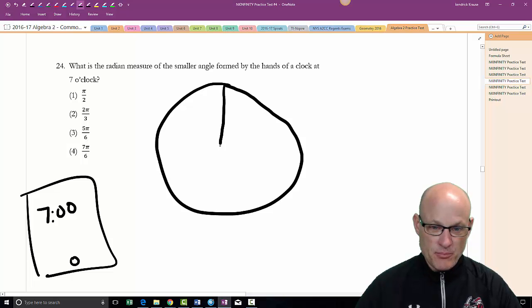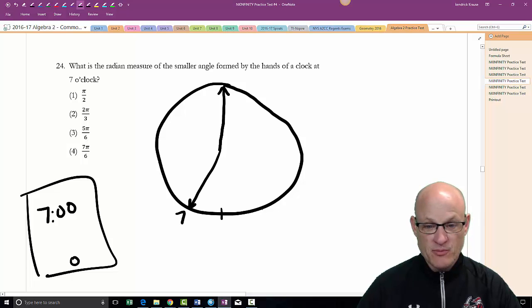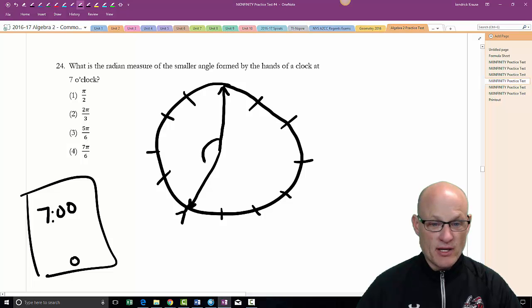7 o'clock. Big hand formed at here. Little hand formed at the 7. Now remember, it's broken up into 5-minute groups, right? So I need to figure out this angle measure right here.